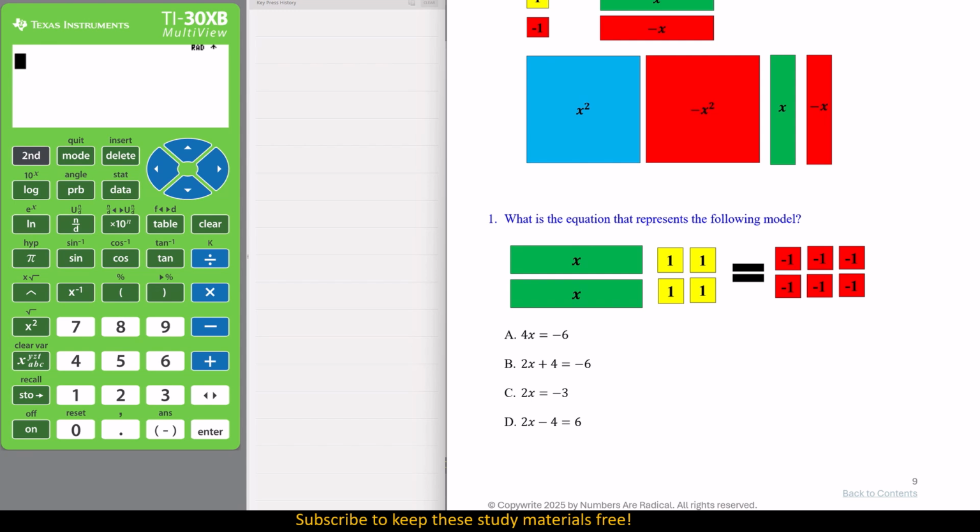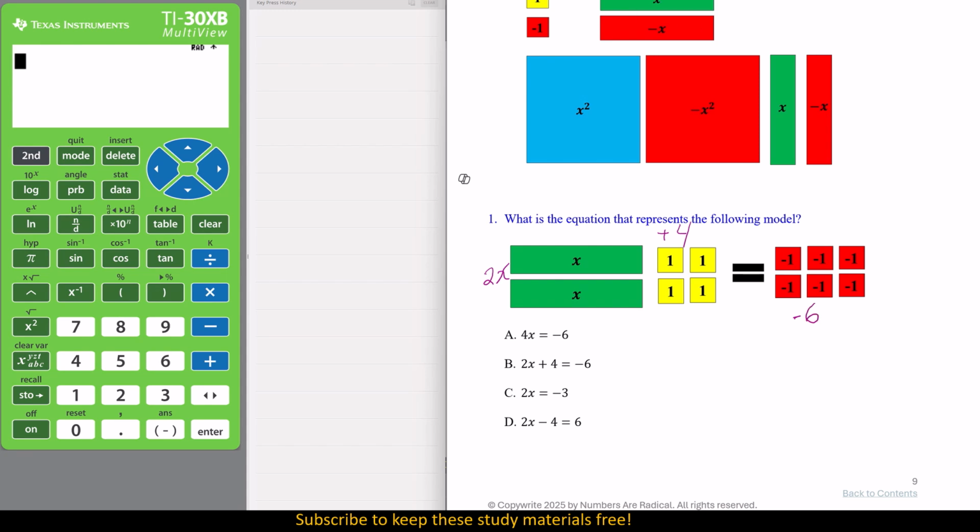Let me pull up my pen here. Okay, I see two x's. Now, the yellow ones, those are positive. So I see plus 4 singletons. And then that is equal to 2, 4, 6, 6 negatives.